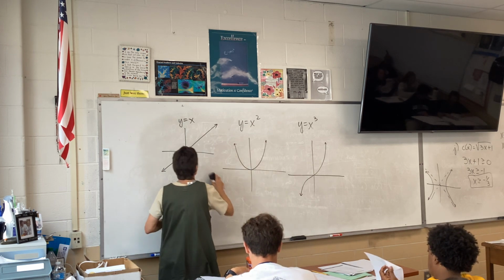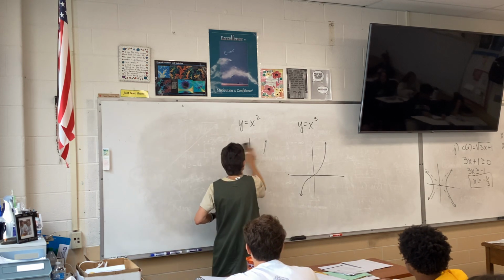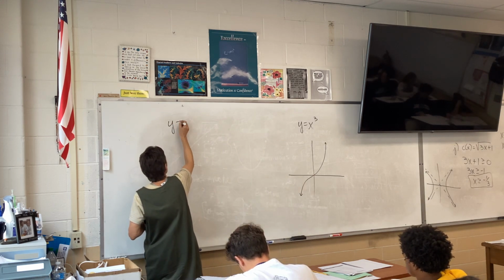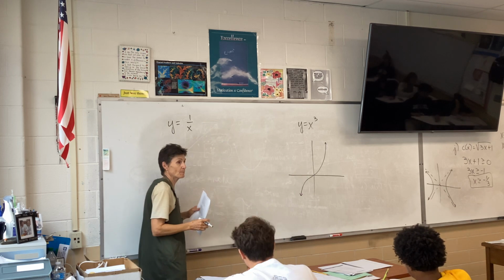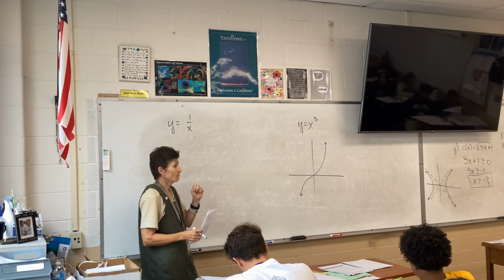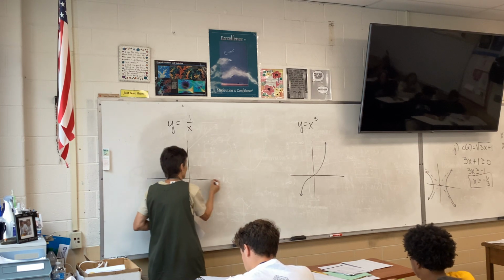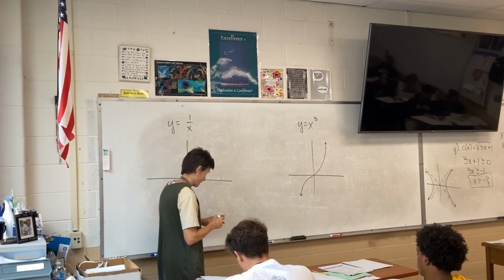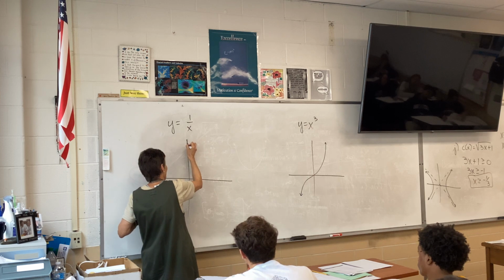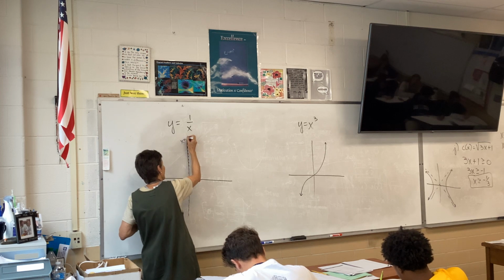Reciprocal function. The equation is y equals 1 over x. That's a reciprocal, right? What's the reciprocal of 5? 1 over 5. So the reciprocal function is y equals 1 over x. This one is a little bit wacky. Because x cannot be 0, it has a vertical asymptote at 0.